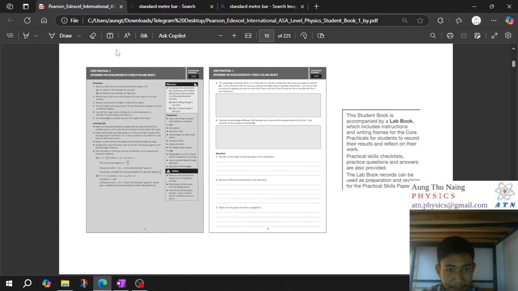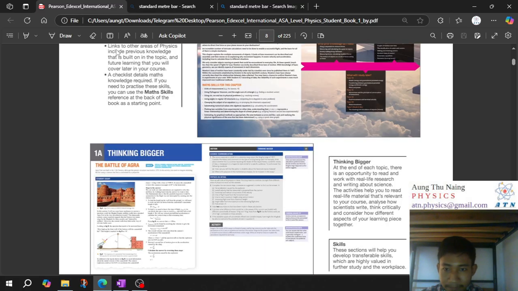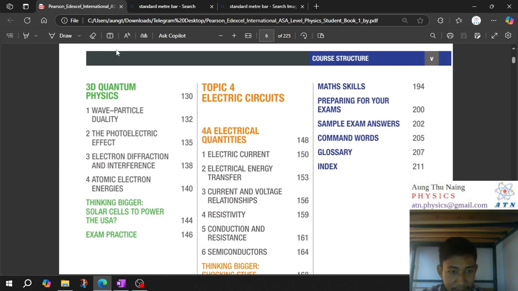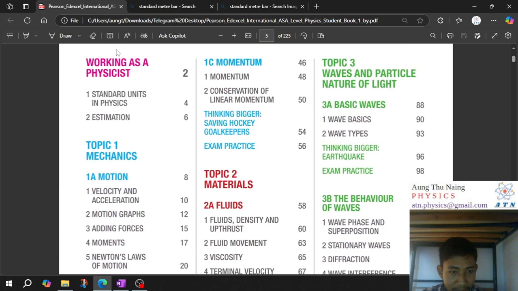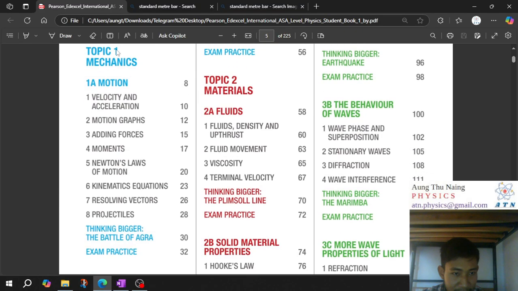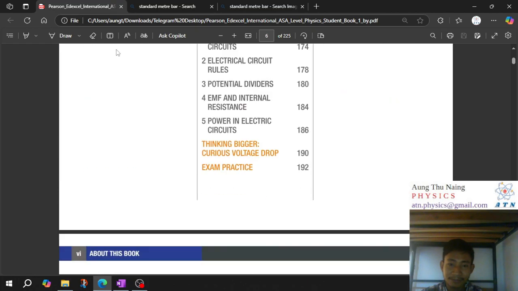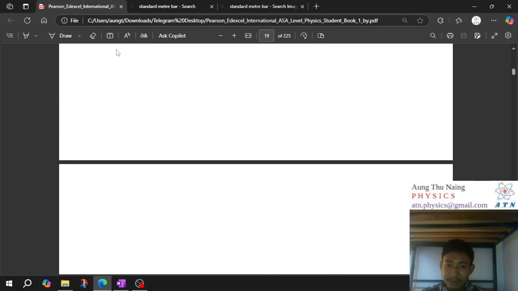I think the angular motion is introduced in book 2, and this is student book 1. In student book 1, we will learn translational motion only.